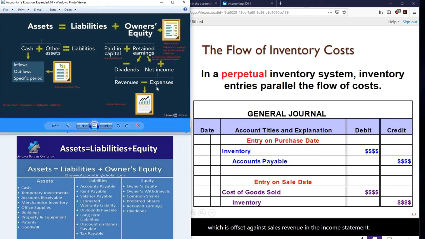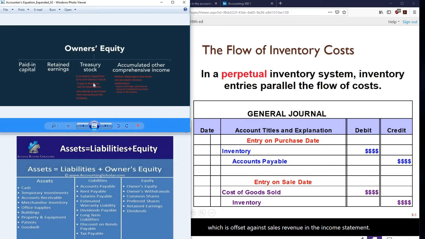Net income itself can be broken down into revenue minus expenses. This is the statement of cash flow. On the asset side, on the liability and owner's equity side, you have the income statement and the balance sheet.